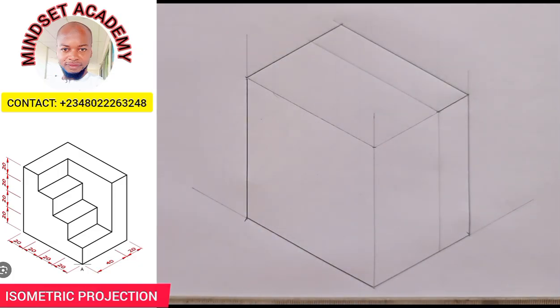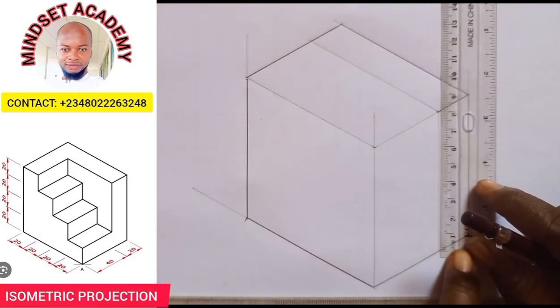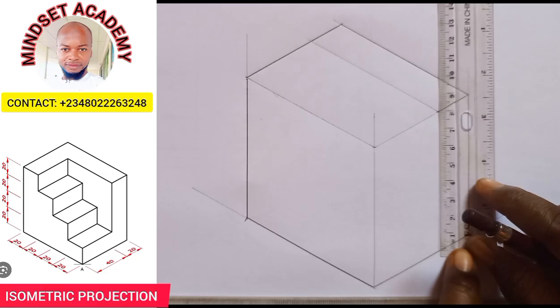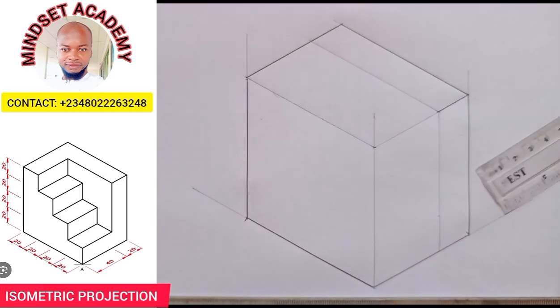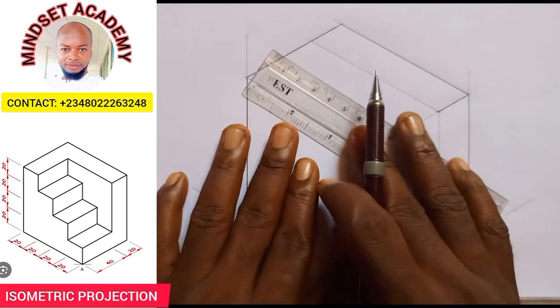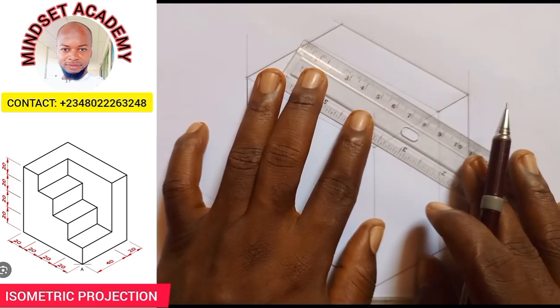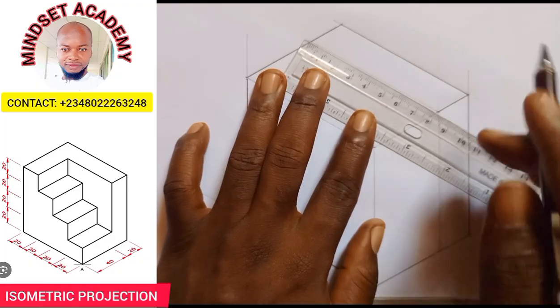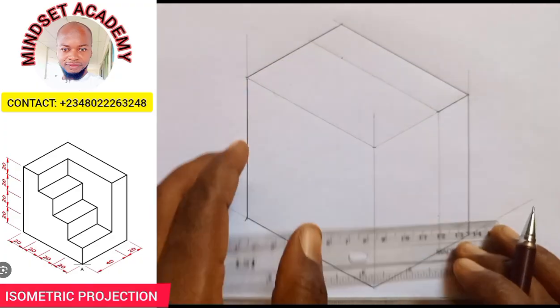So let's do that and see. So if I should measure 20 here from 0 here, I'll measure 20, right? And from here also, I'll measure 20. Hope you can see that.